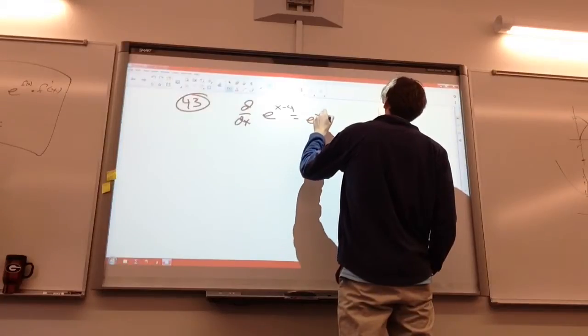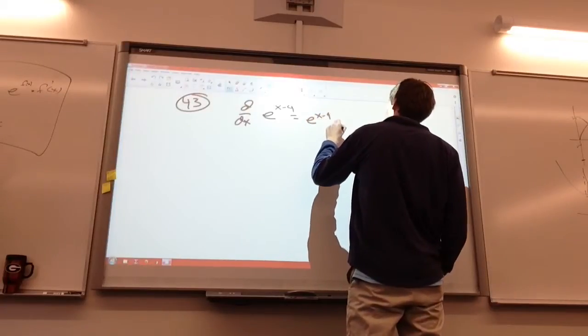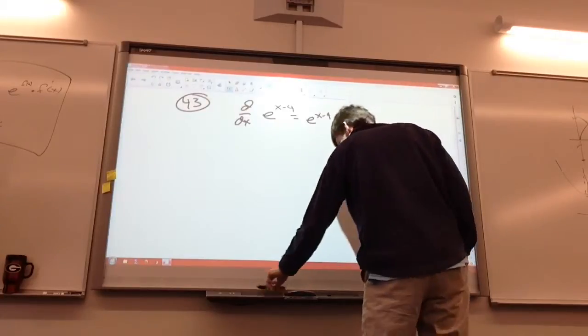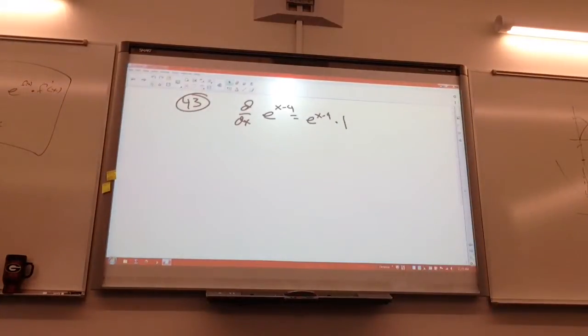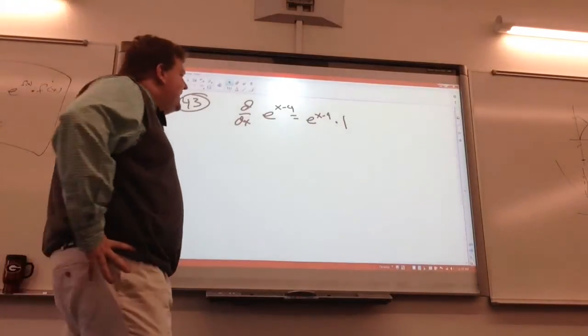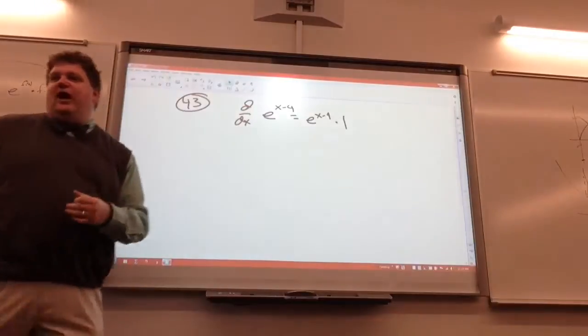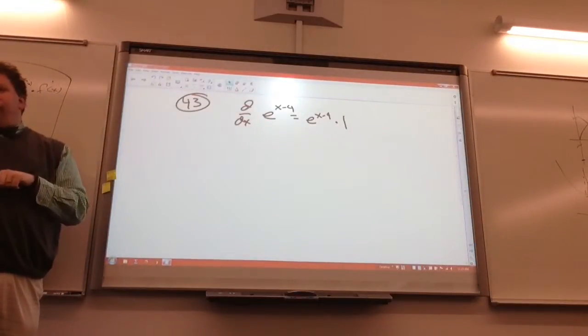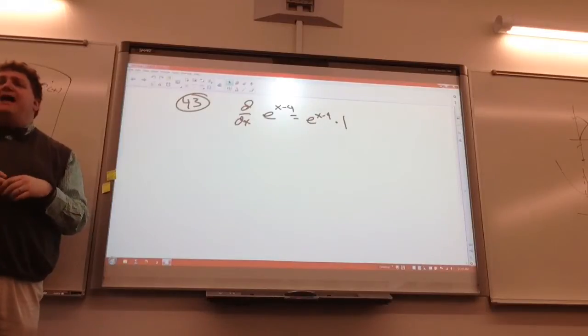e to the x minus 4, times the derivative of the exponent. e always repeats. What's the derivative of x minus 4? Times 1. So this one literally just came out again to be e to the x minus 4. Its derivative is literally itself. Again, it's how e behaves. We saw on Saturday how we could find this derivative.